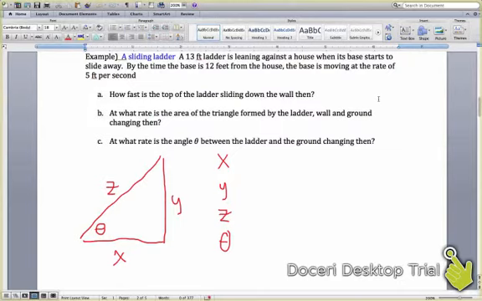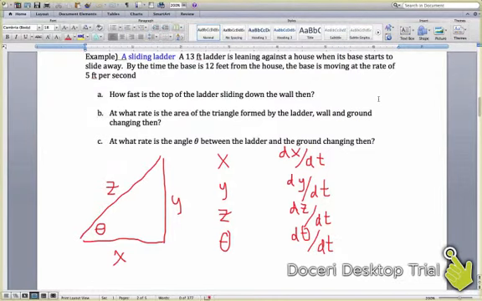So that would be dx dt, dy dt, dz dt, and also d theta dt. So now I have these variables and their rates of change.